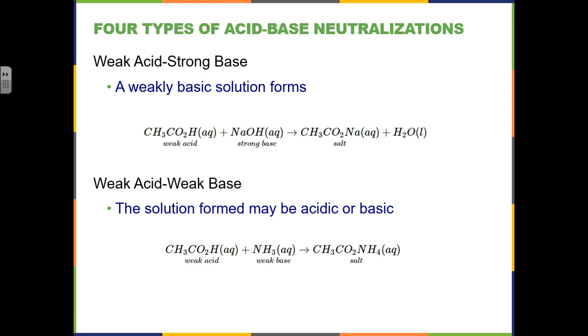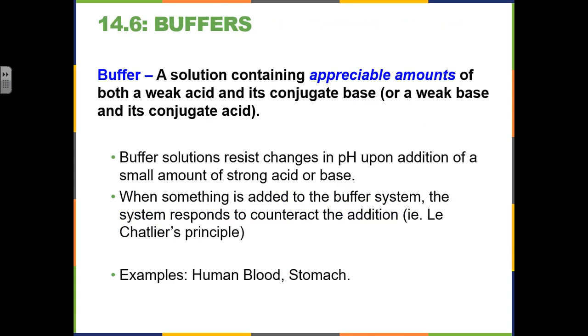And again, you get a salt. And then lastly, if you react a weak acid with a weak base, this yields either an acidic or basic salt. It can fluctuate depending on which one is the weakest or which one is the strongest of the 2 that are weak. But in all cases, these neutralization reactions yield a salt.